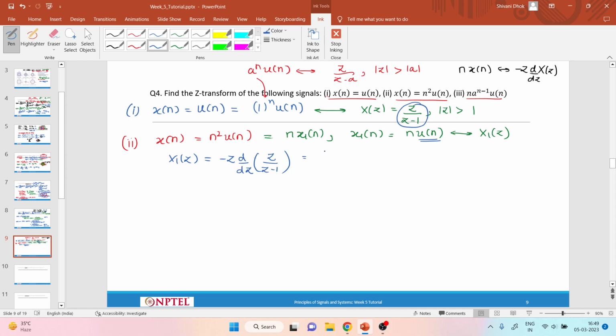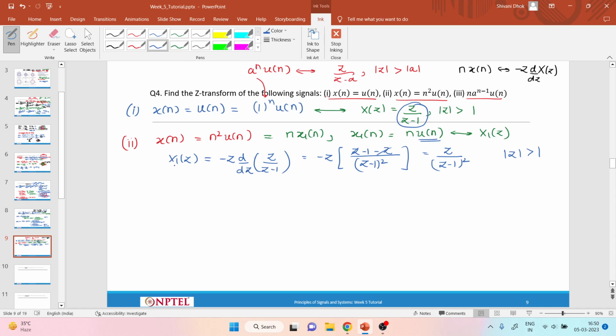So we can obtain this as minus z multiplied by z minus 1 minus z upon z minus 1 square. This gets cancelled, so this is simply z upon z minus 1 whole square. Again we observe that the region of convergence remains magnitude of z greater than 1. There is an additional pole occurring at this location, but it's okay.